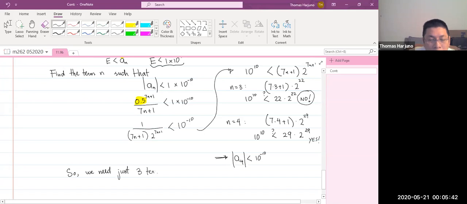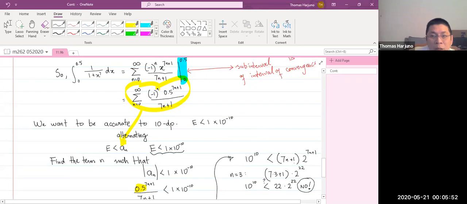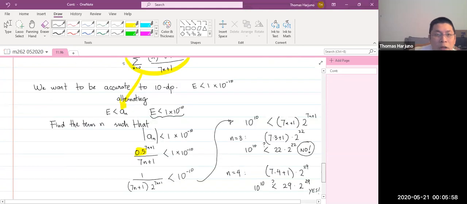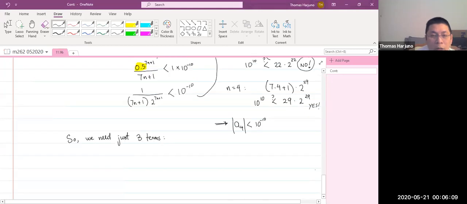Remember the alternating series test: the remainder of this series is less than the first term that you truncate. So if you truncate at 4, you just need to add up to 3. That's for the alternating series test.